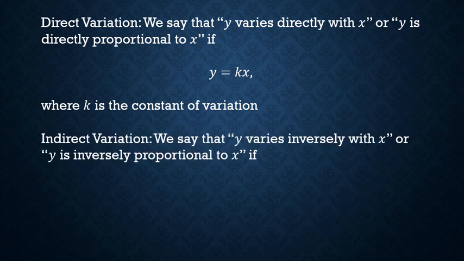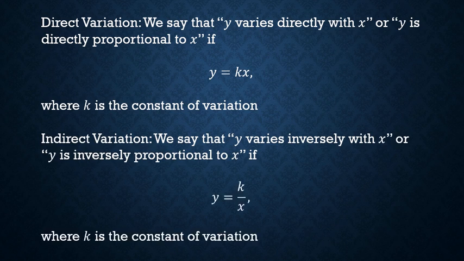Inverse variation, we say that y varies inversely with x, or we say that y is inversely proportional to x if y is equal to k over x, where k is the constant of variation.